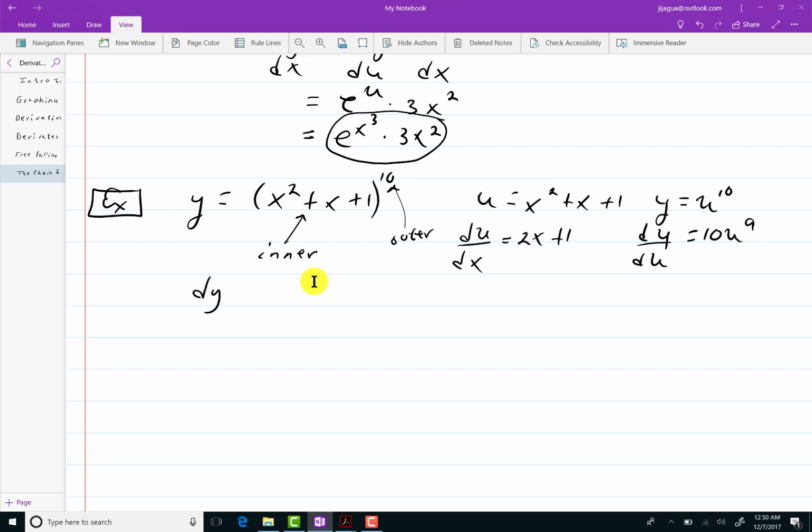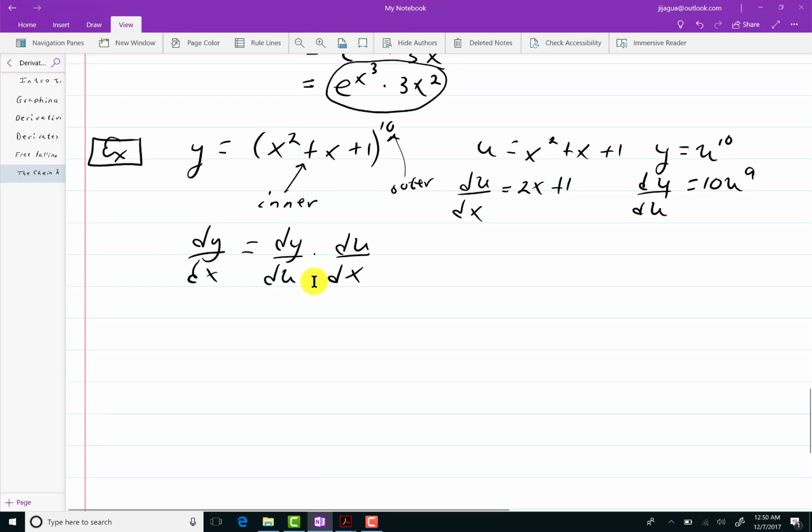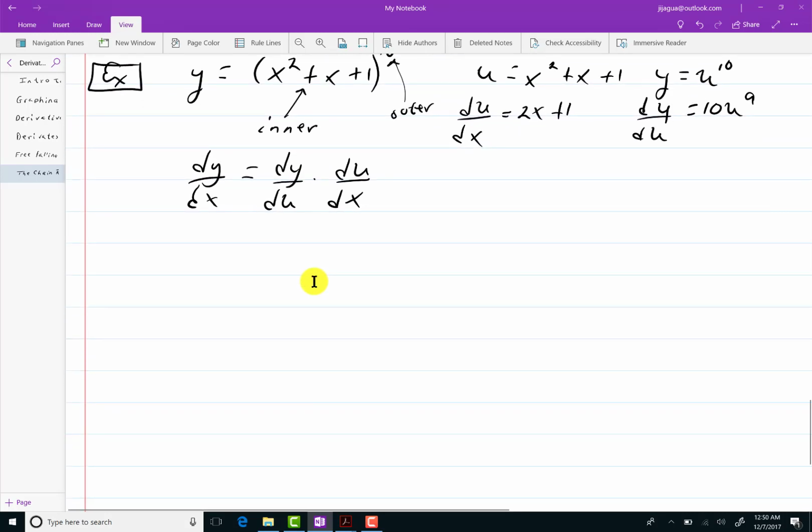So dy over dx equals dy over du times du over dx. Now, as I write this every time, I suggest you do that too. After a while, it will become something that you do by rote without thinking that you've memorized it. So give it a try. Write it every time. Take a little more time to do your homework and do that. It'll yield great dividends.